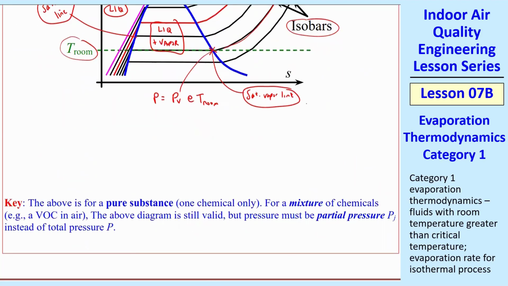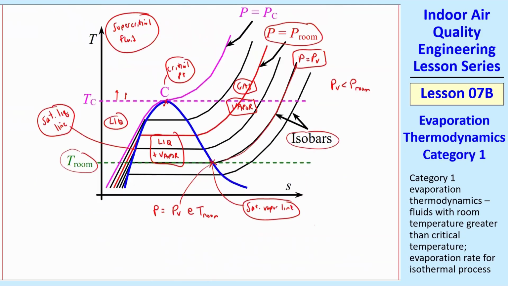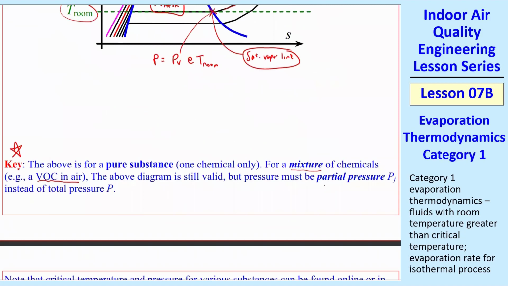Now in our problems, the key is going to be this. The above is for a pure substance, one chemical. If you have a mixture of chemicals, and what we'll be talking about mostly is some VOC in air, this diagram is still valid. Everything's valid except these pressures must be partial pressures, Pj, instead of total pressure, P. And then Pj has to be less than P room, otherwise it doesn't make any sense.